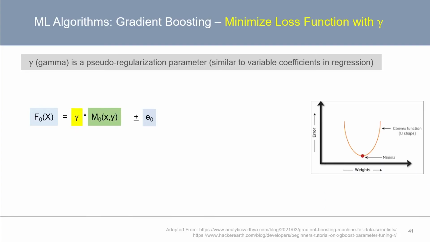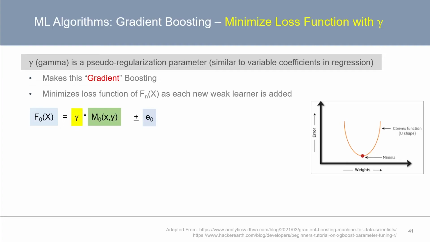If we again visualize the loss function for our current meta model with all possible weights, in other words, different values for gamma, we want to find the value of gamma that gives our overall model the smallest error. Or in other words, the point where the gradient or slope of this loss function is minimized at or close to 0. This is the key element of this algorithm that makes it gradient boosting rather than just boosting. And so as we expand our meta model f of x each iteration, we'll minimize its loss function as each new weak learner is being added.